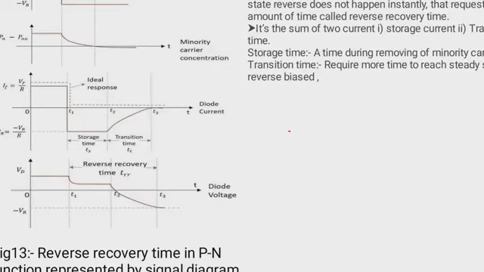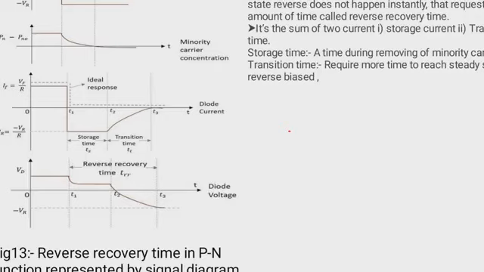This is the time duration during the removing of minority charge particles, in a particular instant of time, denoted by minus VR by R.